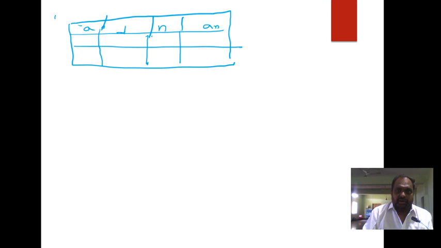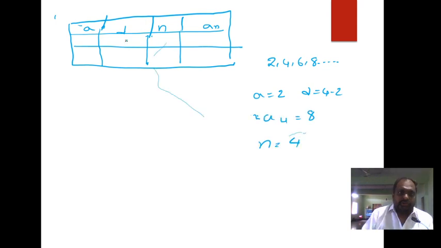First I explain the question. 2, 4, 6, 8 and so on. We know here a is equal to 2, d is equal to 4 minus 2. Fourth term a4 is equal to 8. That means n is equal to 4. So we know all the values. In the question you will be given d and n, the number of terms. How many? 4. an is 8. We have to find a.